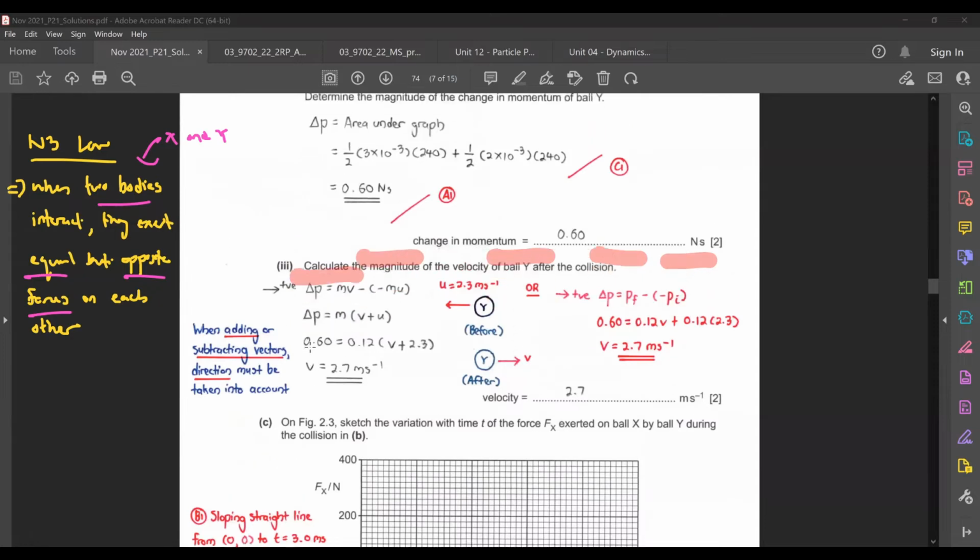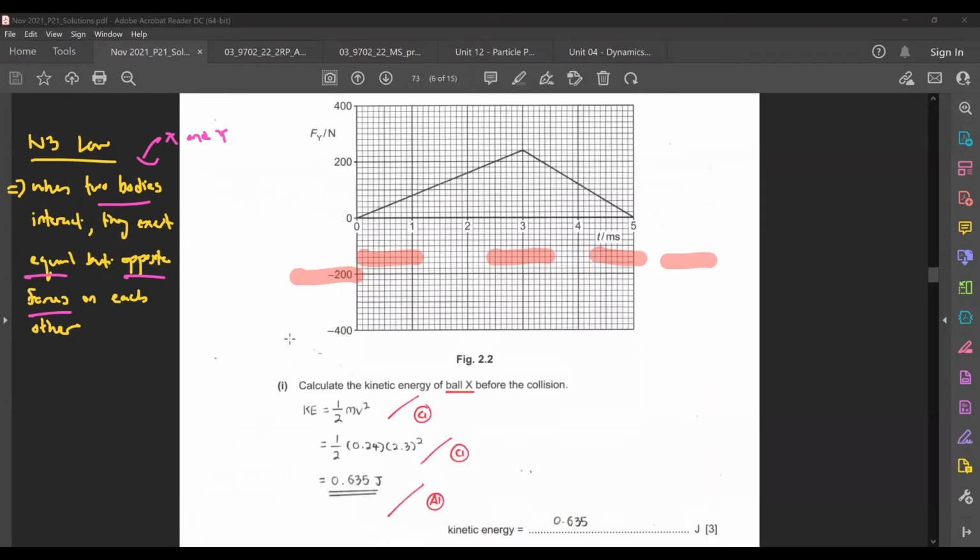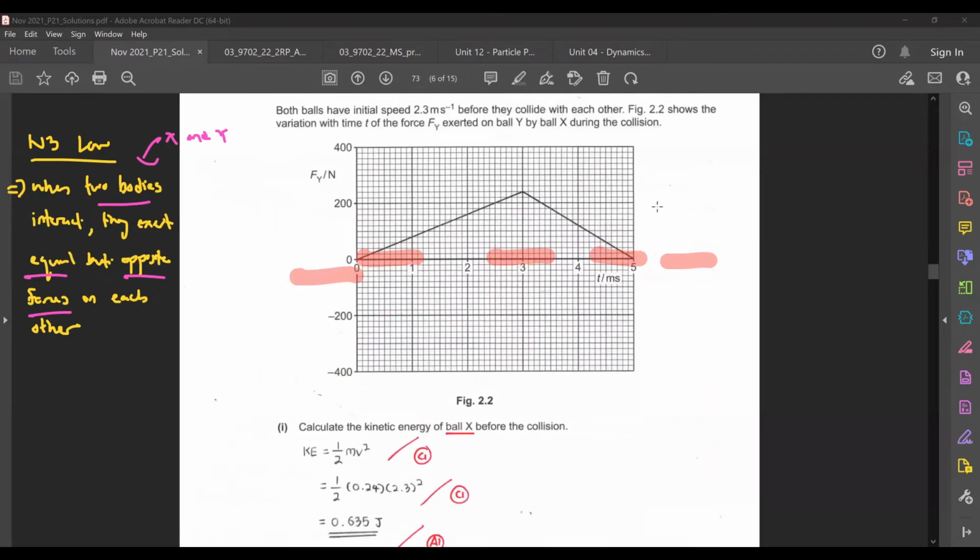So if you look back at the graph, Fy was this line here. Fx should be equal and opposite. So if just now here you had 240, you should be having negative 240 at the same time. Negative 240, and the others being 0.